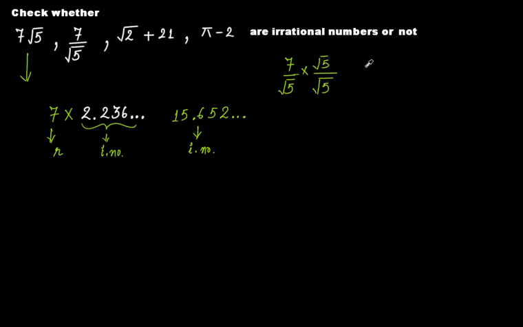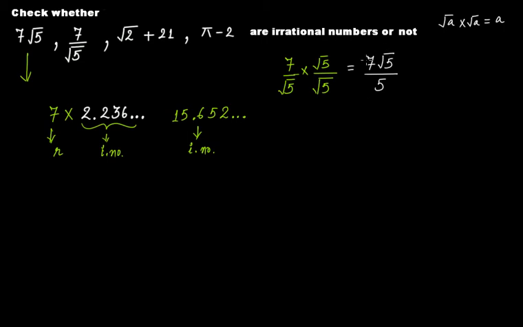So now this is 7 multiplied by root 5, and under root 5 multiplied by under root 5 will be 5. Any number, square root of a multiplied by square root of a is equal to a.